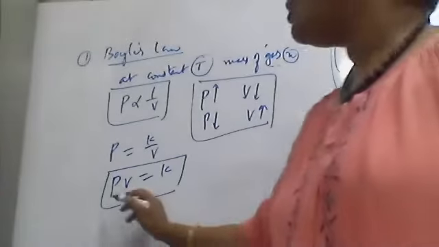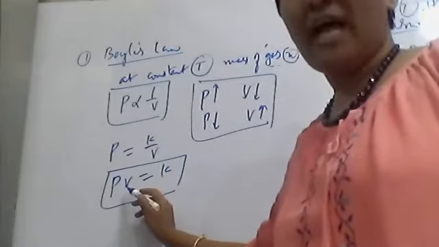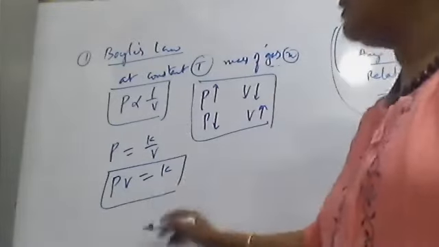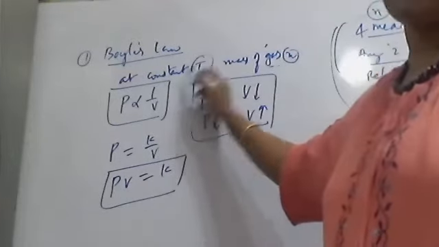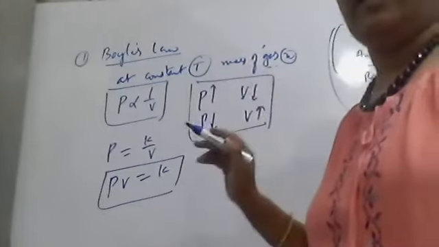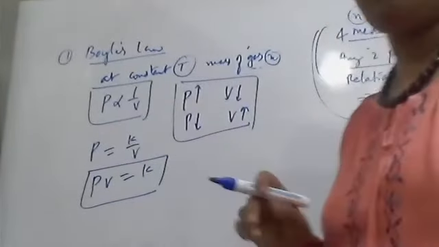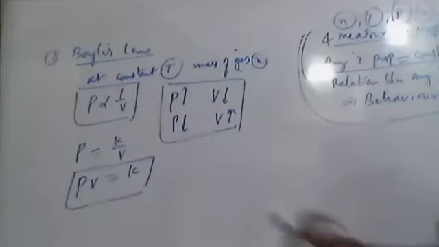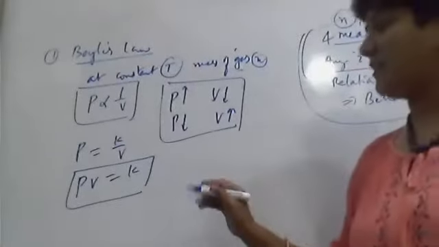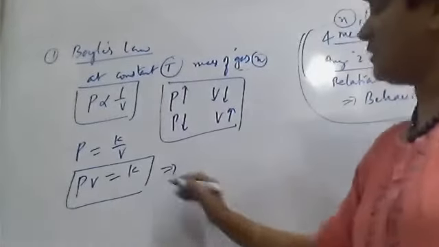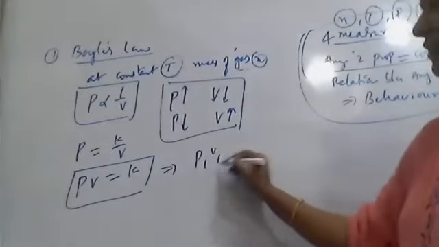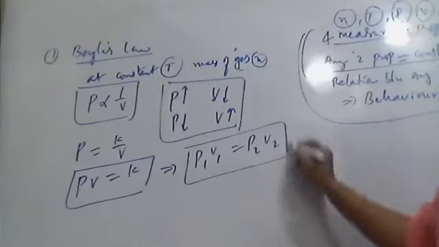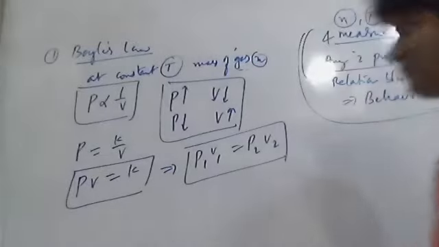The product of pressure and volume of the gas is a constant at a given temperature and for a given mass of gas, which is known as Boyle's law. This can further be written as P1V1 equals P2V2, one more form of Boyle's law. It is the first law.